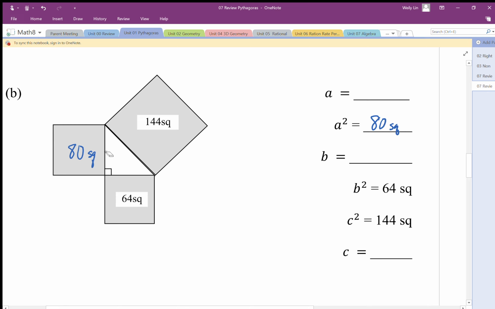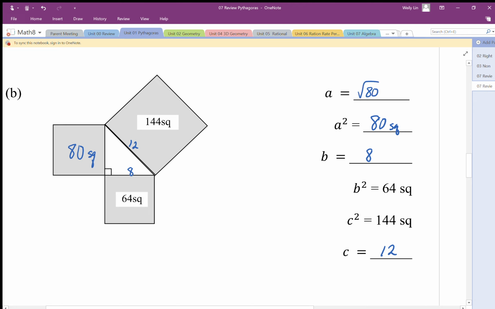Okay. Now, I often want to know the side length, so I need to square root. So if I square root 144, I get exactly 12. If I square root 64, okay, so b squared is 64, I'm going to get exactly 8. And if I square root 80, that's going to be my a.